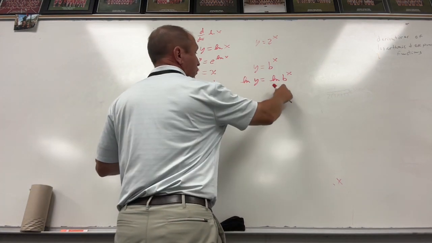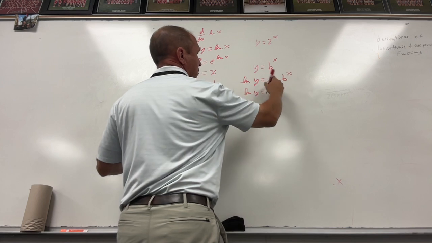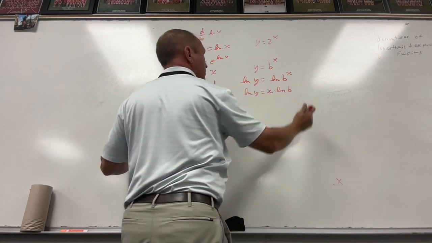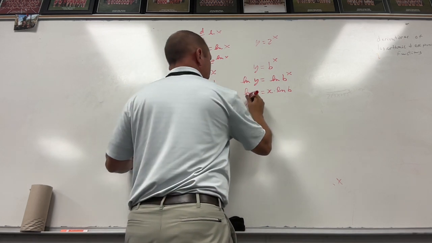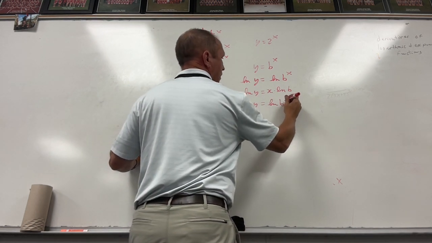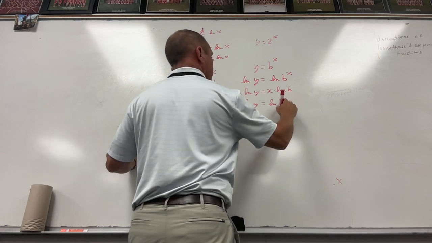All right, now there's a rule that says I can pull this to the front. That's just the power rule with logarithms. But I'm going to rewrite this as the natural log of b times x.